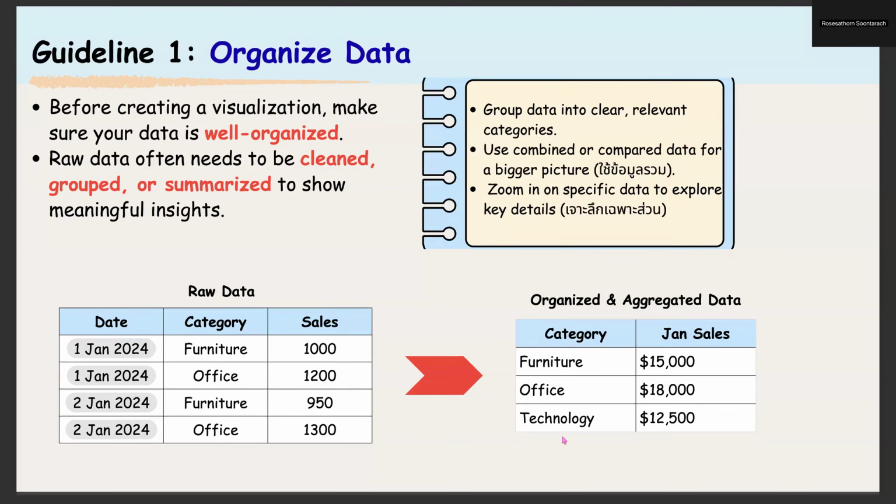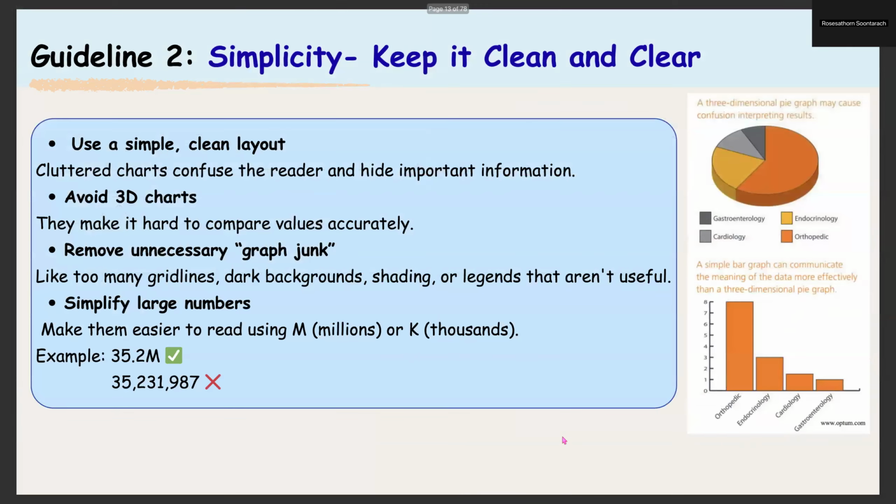to make it easy to understand. And the next guideline, simplicity, or keep it clean and clear. You need to use a simple and clean layout because sometimes charts can confuse the reader and hide important information. You need to avoid using 3D charts because they can make it hard to compare the values.